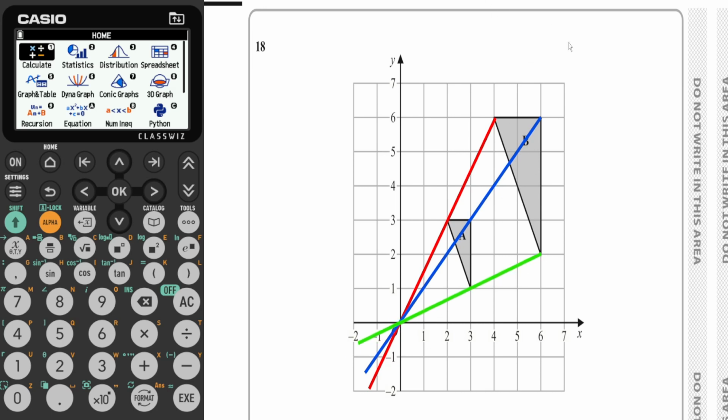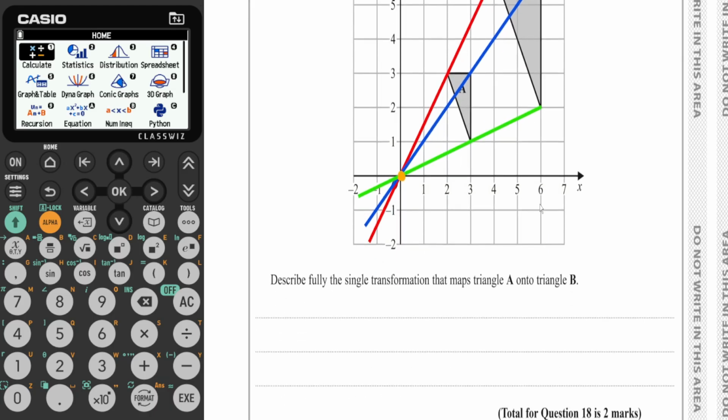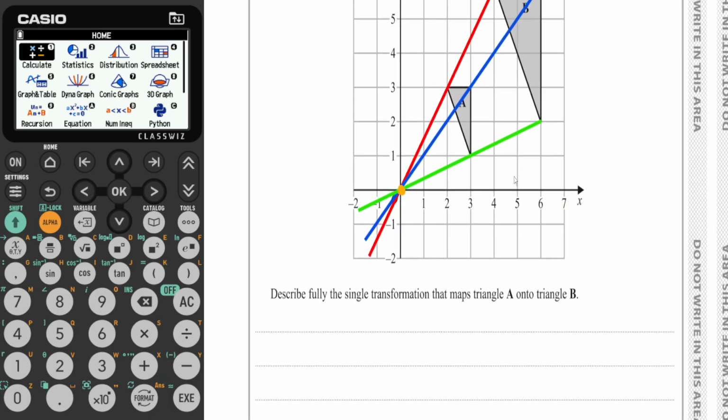And then from this we can see where our center is, that's here. If this length is 2 and this length is 4, that means A to B is going 2 times bigger. So here we have an enlargement with scale factor 2 and the center at the origin.